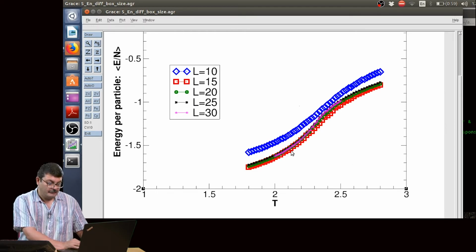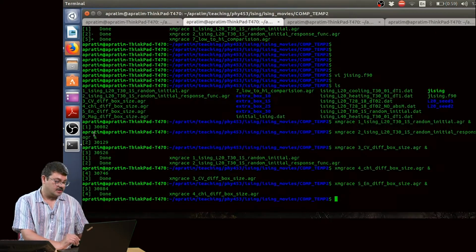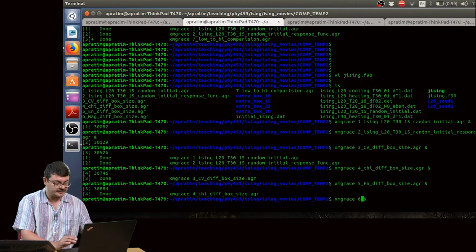So, in this graph I wanted to show you that E varies smoothly with temperature. If you average over 1 lakh iterations, that is enough, but not if you have higher moments, right.